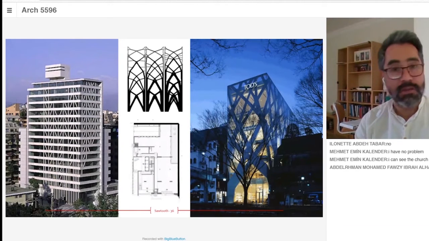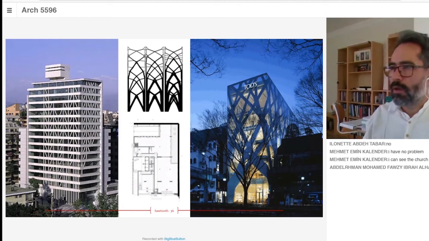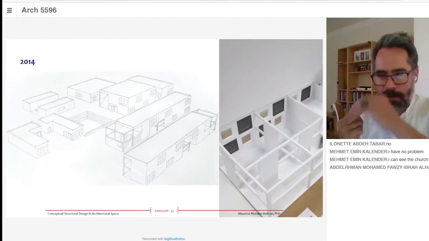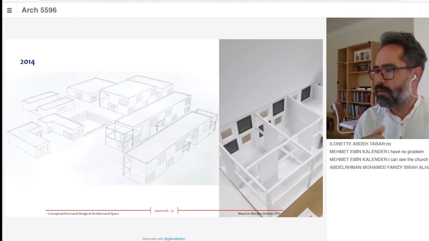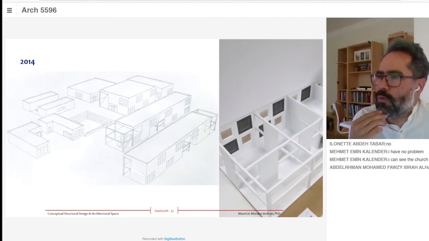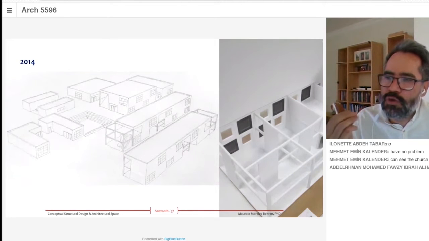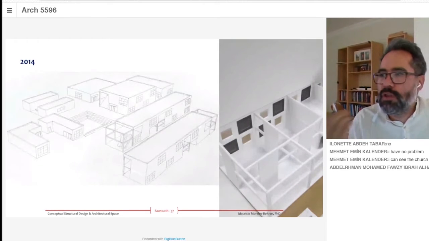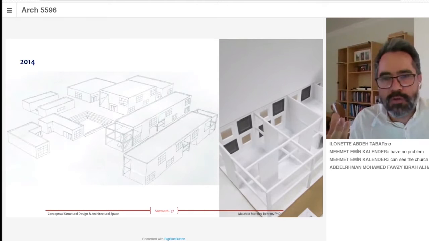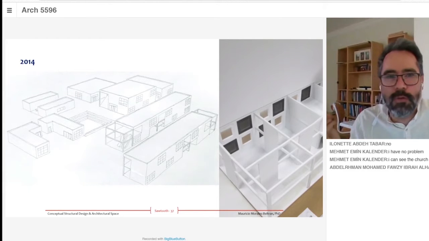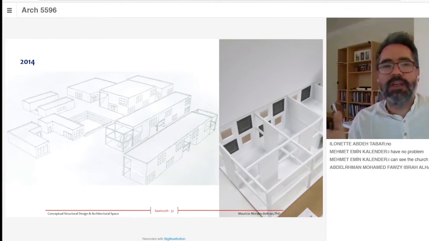So we started the first year in 2014, and of course there are more results. But this was one of the results, which was a problem for us because the students were scared. After you introduce the seismic principles, the students do not want to leave the safety of the boxes. They were making boxes everywhere.